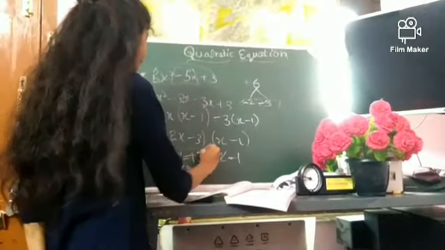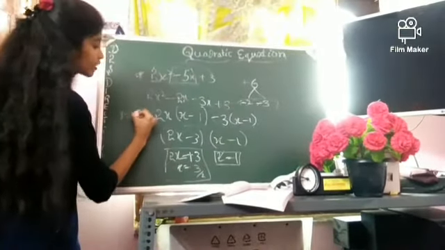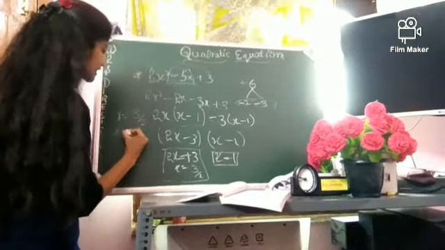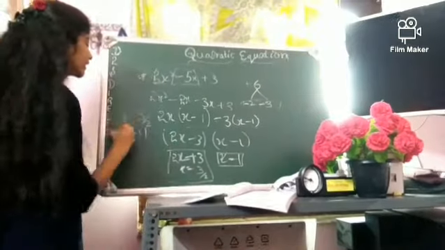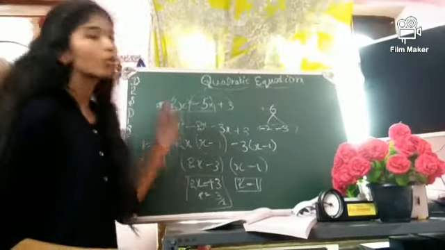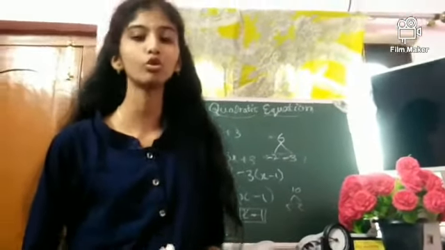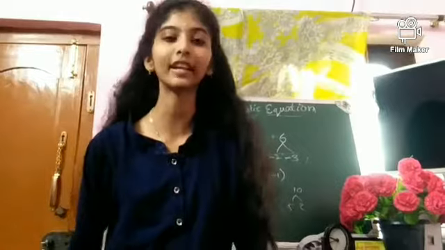So these two, x equals 3 by 2 and x equals 1, are the solutions, or zeros, of this quadratic equation. So this was finding the solutions of a quadratic equation using factorization.